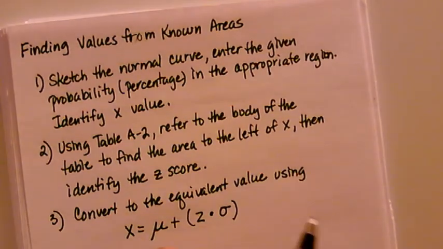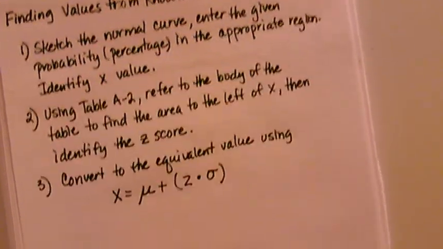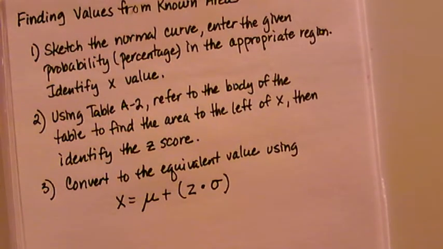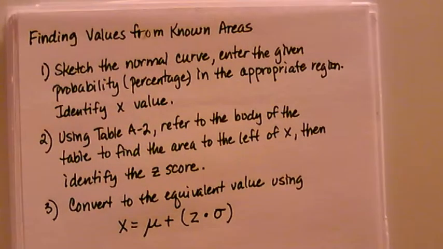Okay? You'll be given the mean, which is your mu, and you'll be given the standard deviation, which is sigma. Once you find out what z is, you'll use this formula to find the equivalent x value. Okay? So it's just those 3 steps that you have to use.